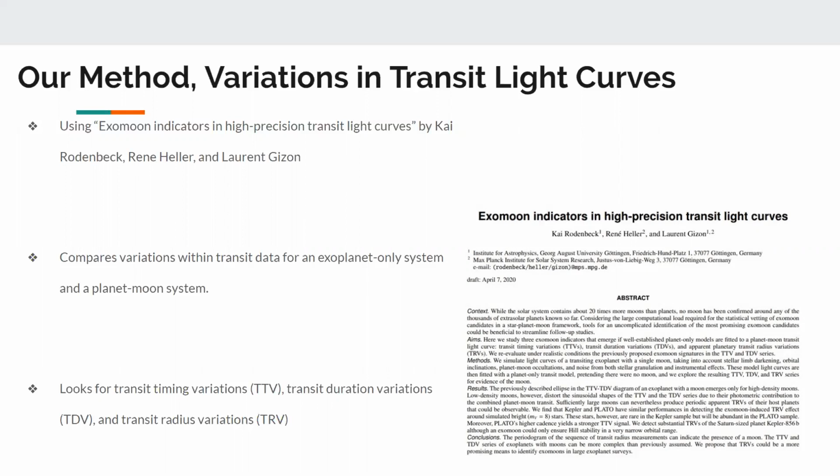And this paper is really important for future exomoon detections because it goes over the effectiveness of previous exomoon detections, including previous methods with the transit timing variations and transit duration variations.